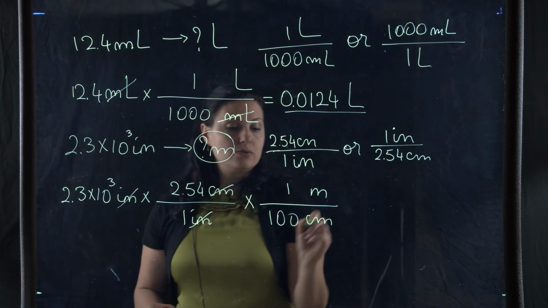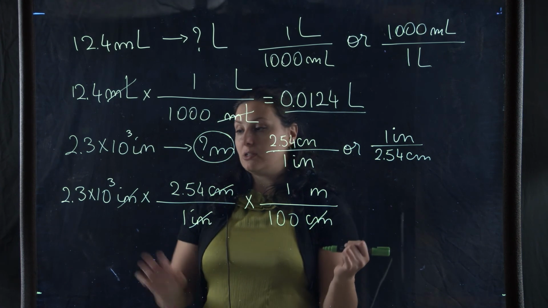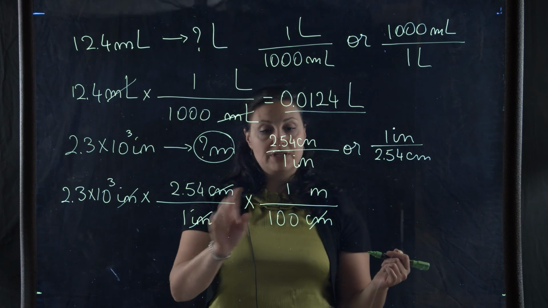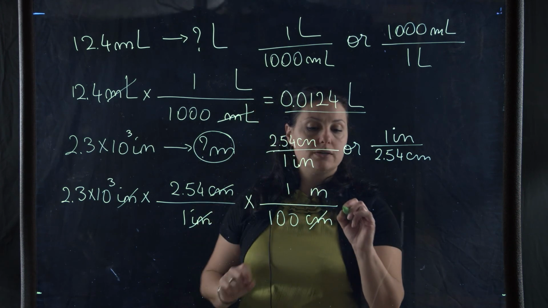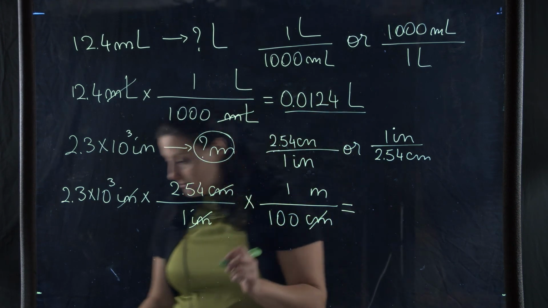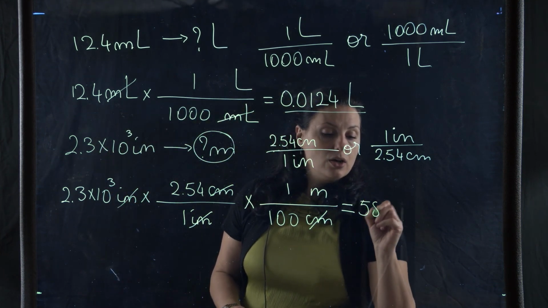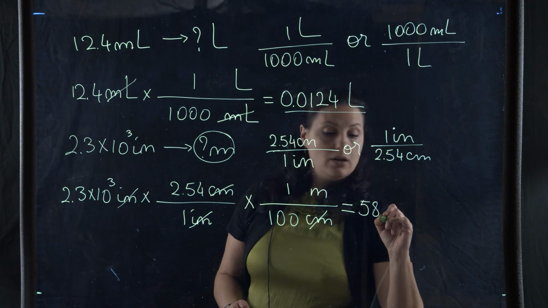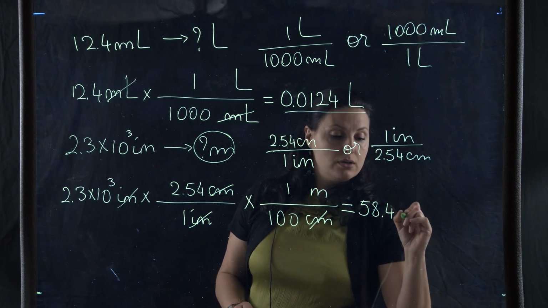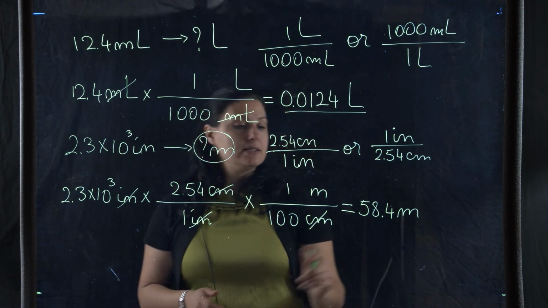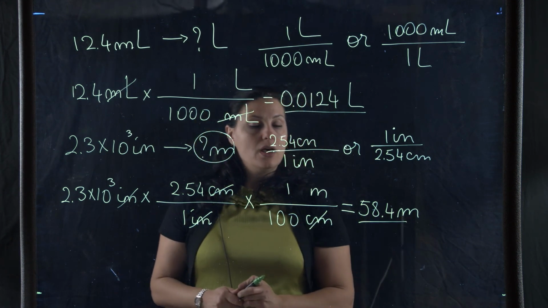And my centimeters will cancel, leaving me with meters. So I started with inches. With this step, I converted to centimeters. With this step, I will convert it to meters. And if you do the math for this, you should get 58.4 meters. That is the correct answer.